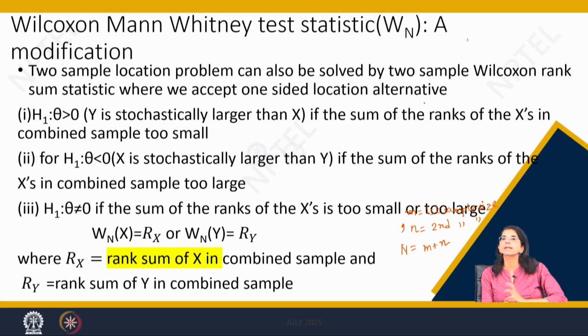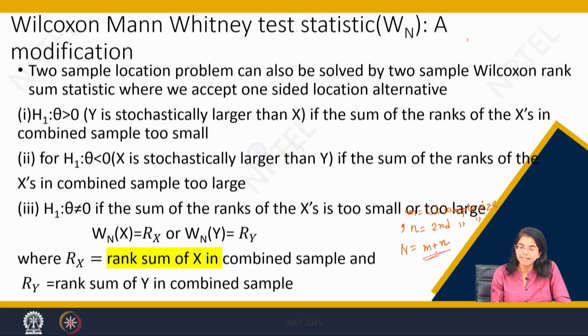So what is the Wilcoxon proposed test statistic? Here you will see Wn, Wn X. So this is Wilcoxon. What is N? N is the total number of observations. You can see here M plus N. M is the first sample size and N is the second sample size.